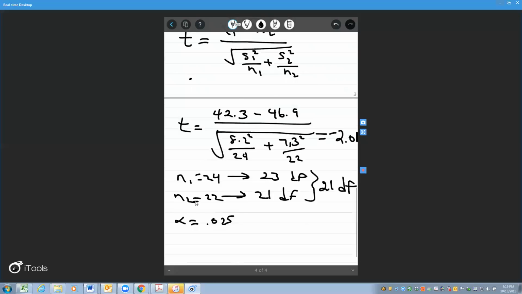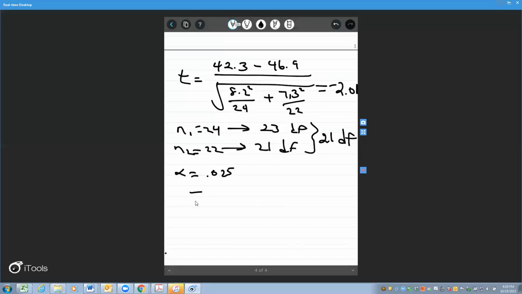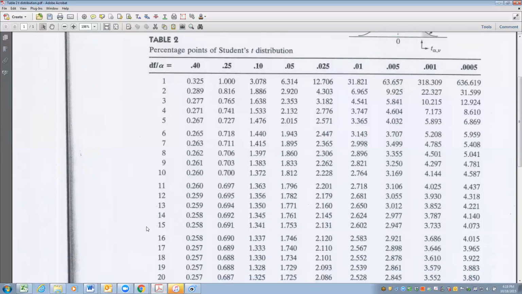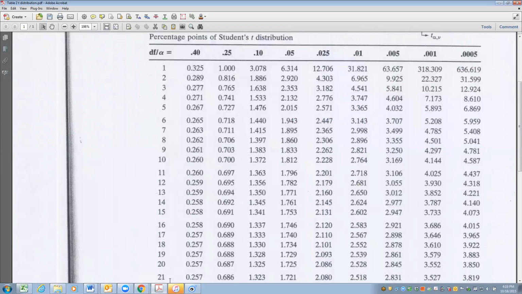Since this is a one-sided test, I'm going to look up the 0.025 column and 21 degrees of freedom in my t-table. So this is the 21 row, and I'll look in the 0.025 column, which I see is 2.08. Now again, since I'm going out to the left, minus 2.01 is not less than minus 2.08. So we fail to reject the null.